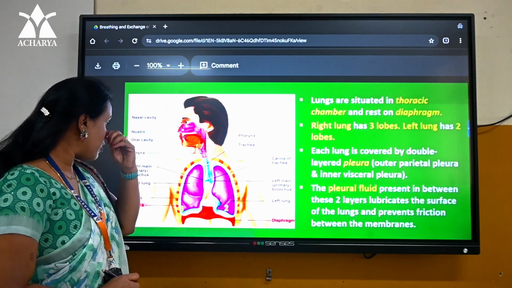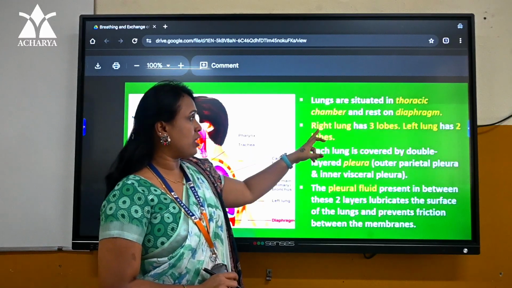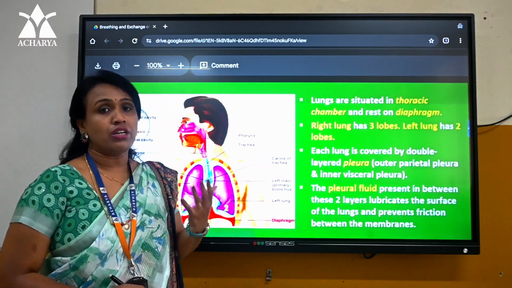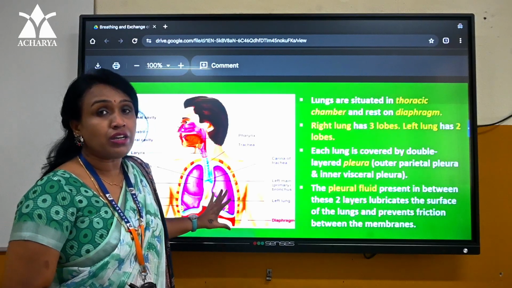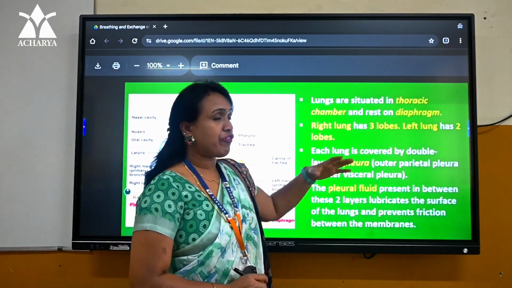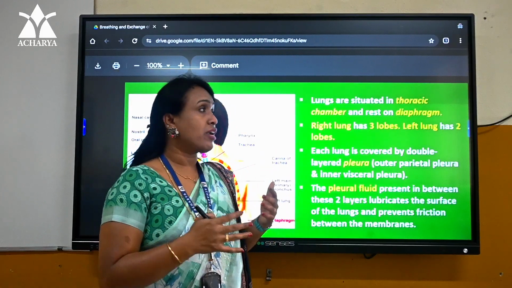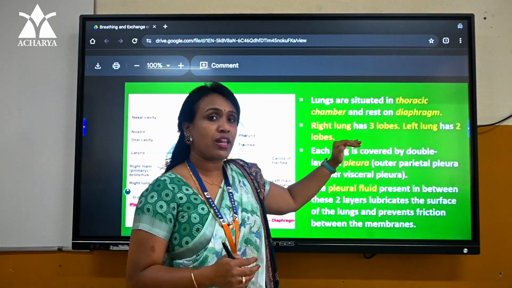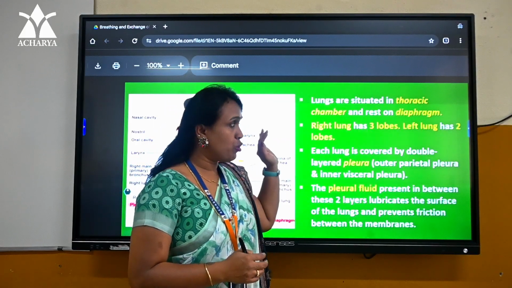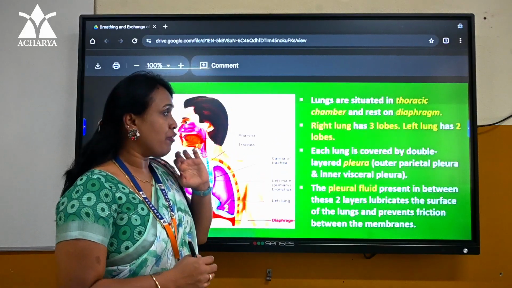The reason why the right lung is larger than the left lung is to accommodate the heart. Though they differ in size, the functionality of both lungs is the same. Both of them are functionally efficient.